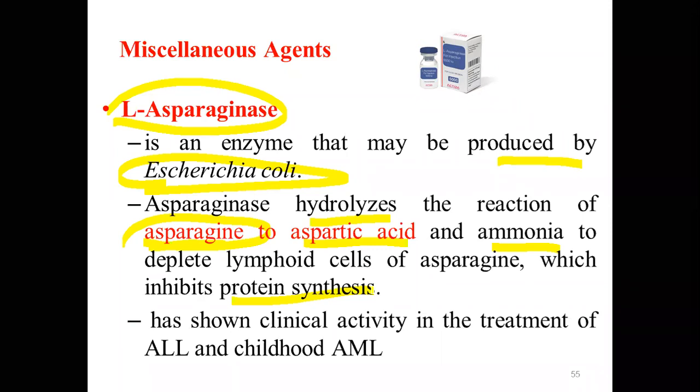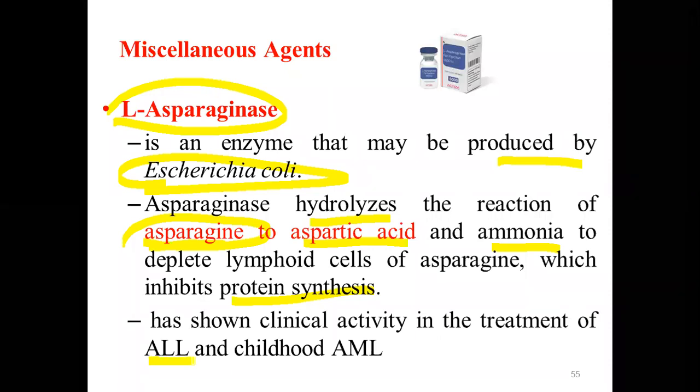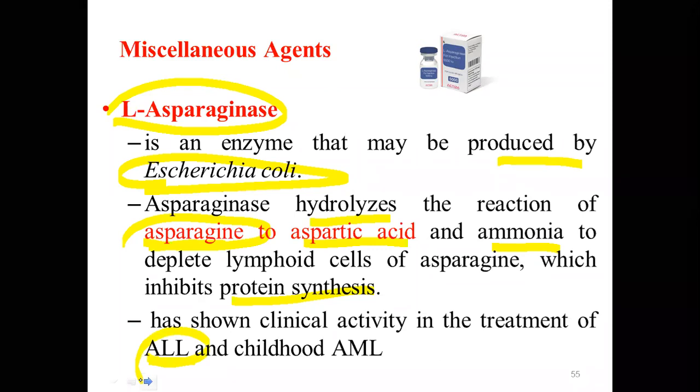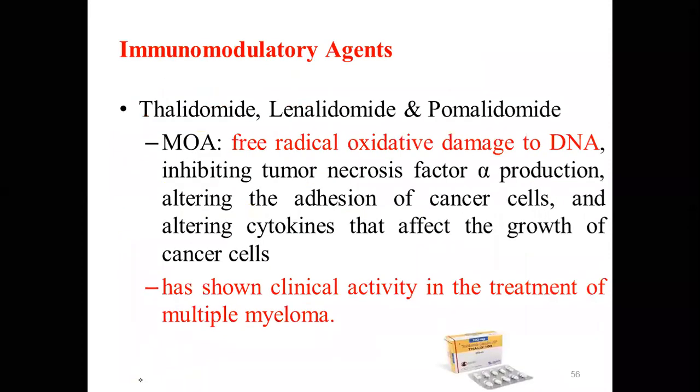In such a way, it can actually treat acute lymphoblastic leukemias and acute myeloid leukemias, but it's very common in ALL management. Because of hypersensitivity reaction, as I said, the use is not really very common. But this is how it works, and you can actually even see how asparagine looks like.